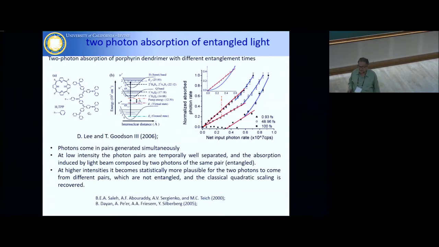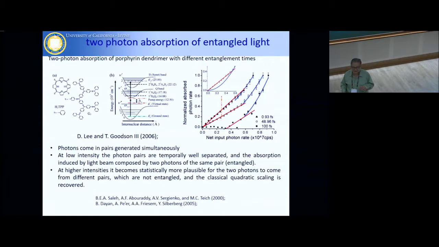And the way to think about this is that the light, the photons comes in pairs, and each pair are twin photons that were created together, and they come within a few femtoseconds. And so when one photon is there, the other photon is there automatically. So in a way, the 2 photons act like a single particle.